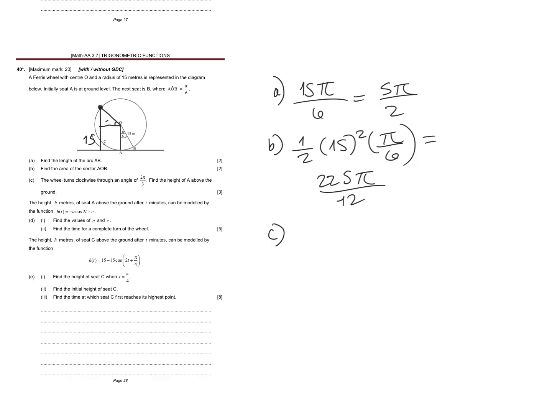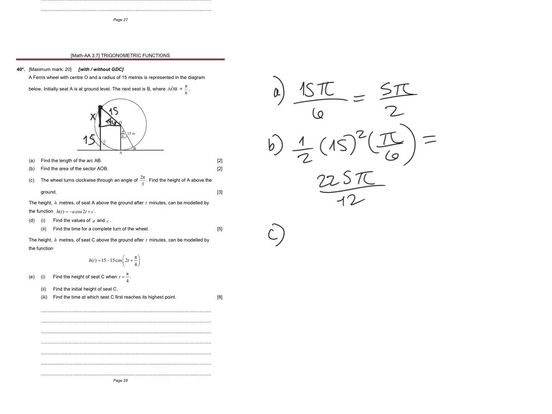So this is pi over 6, right? Because it's basically 2 pi over 3 minus pi over 2. So now this is 15. We want this length.